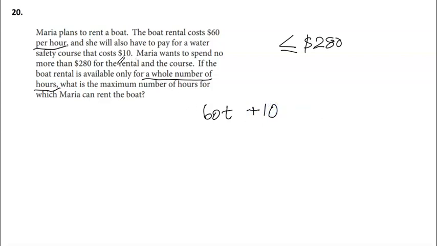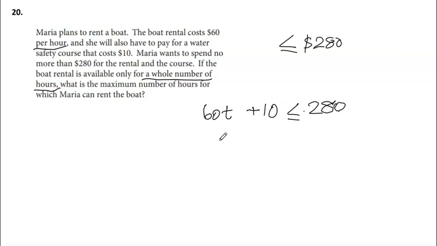If Maria rents the boat for T hours, since each hour costs $60, she's going to spend $60 times the length of time plus the cost of the course that she'll have to take. And this is supposed to be less than or equal to $280 because she doesn't want to spend more than that.